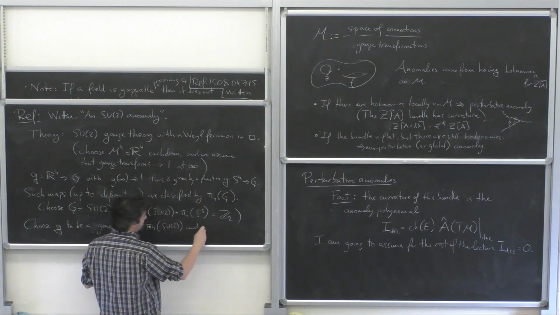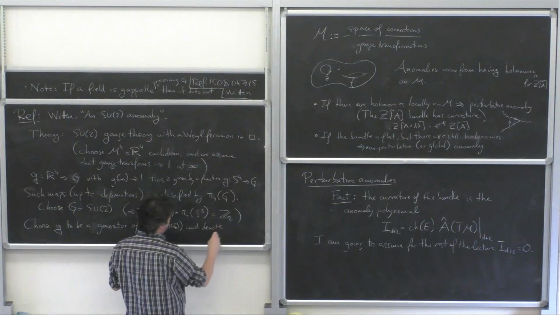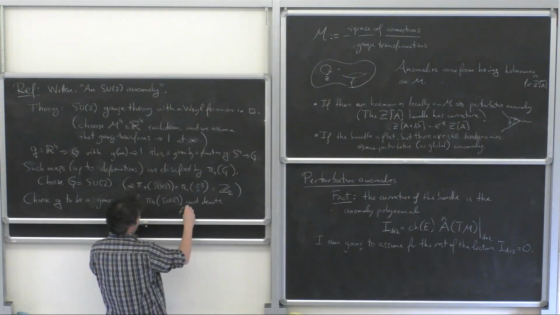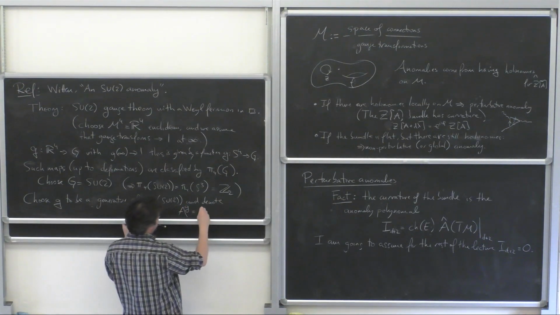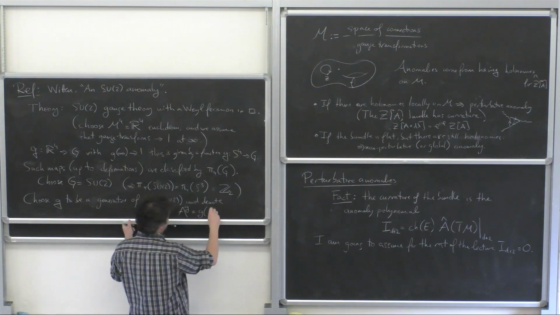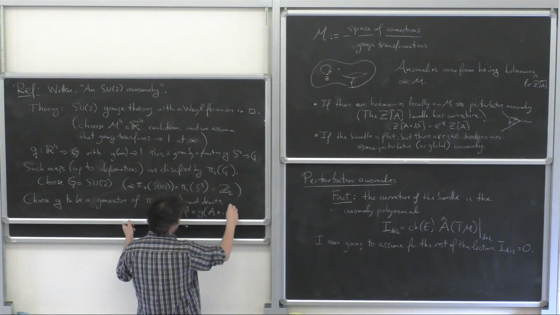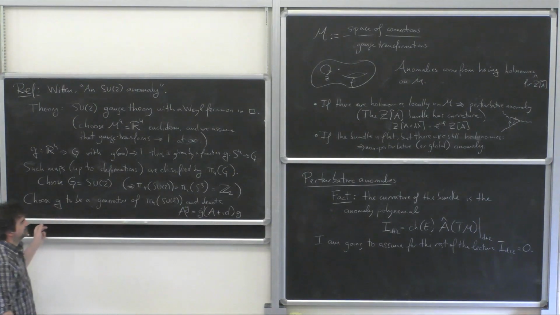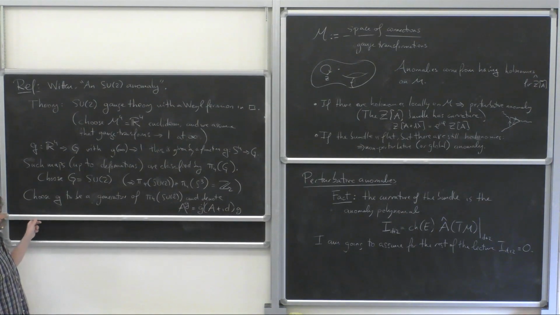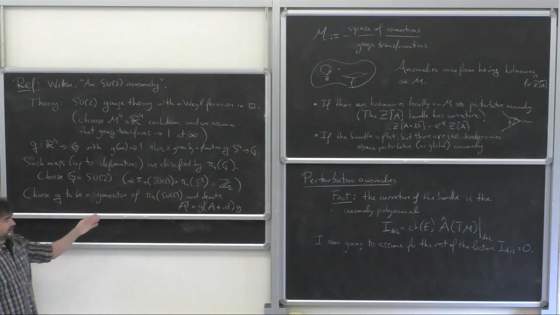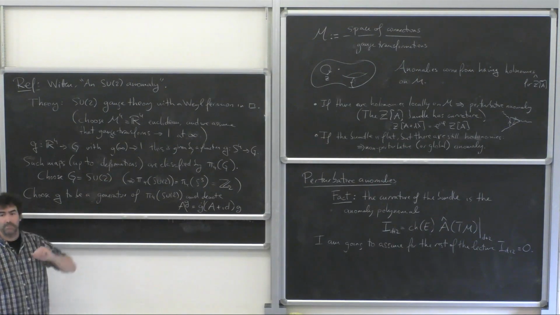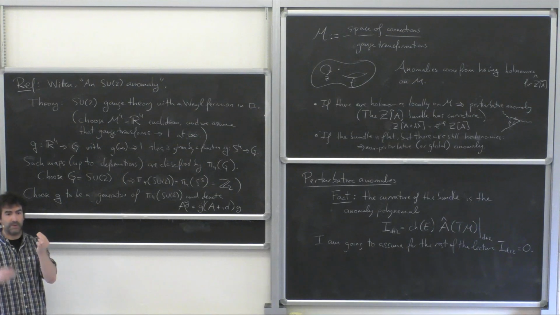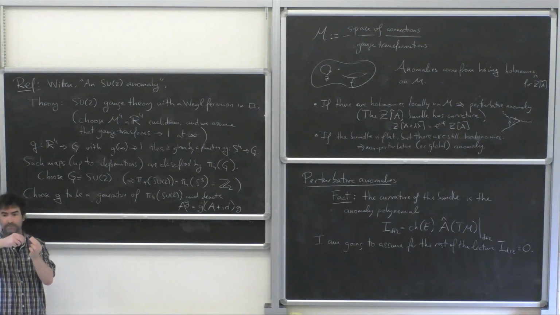And I'm going to denote A^G to be the gauge transform of A, up to some conventions. Okay, so A and A^G give me the same point in M. There's one point in M. Now I want to construct a loop between them.